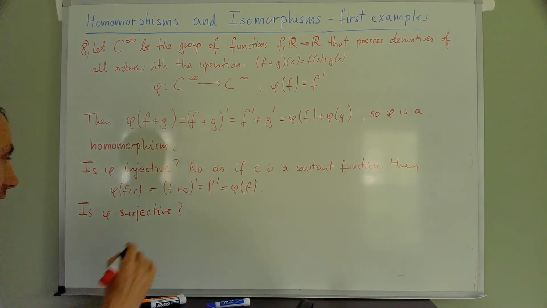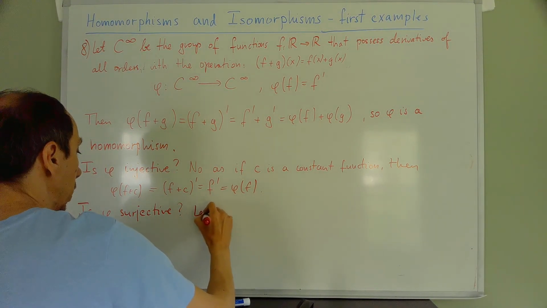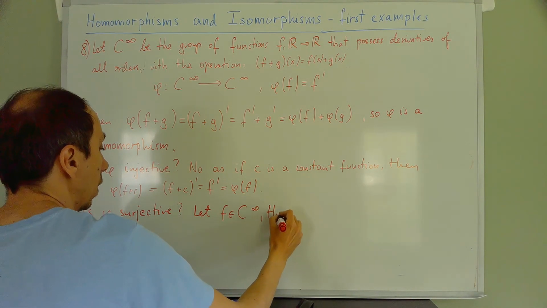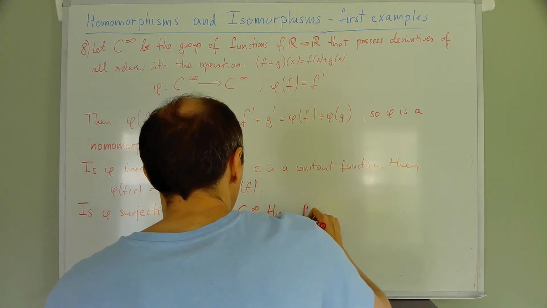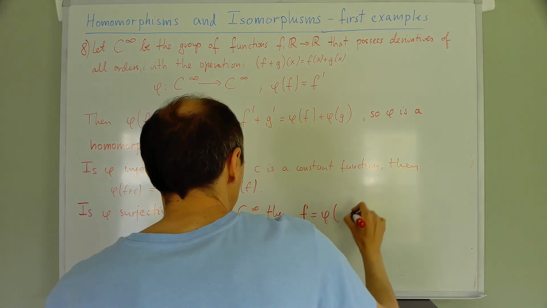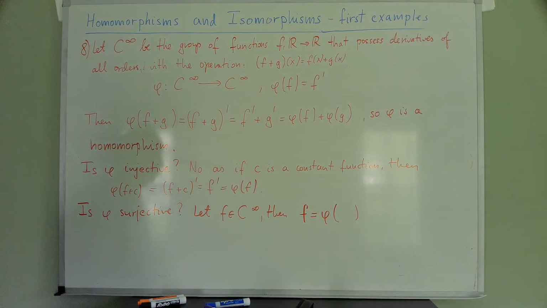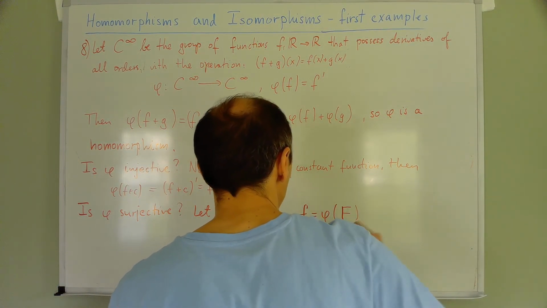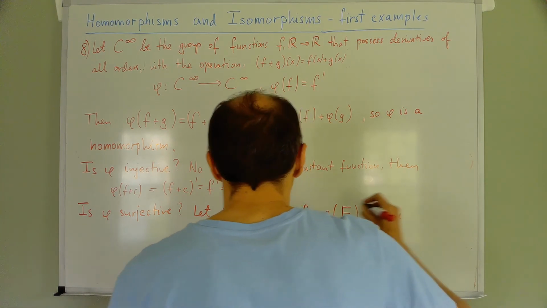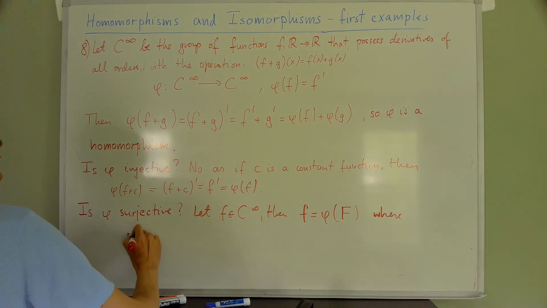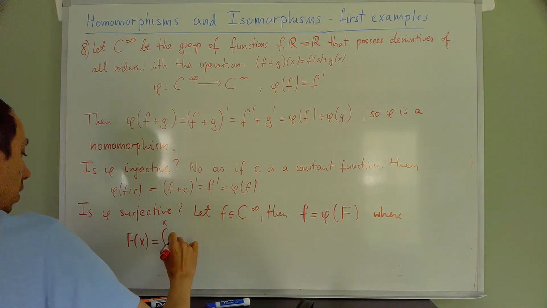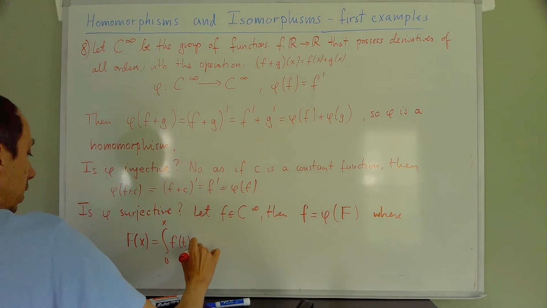So if I start with any function, so let f be in C infinity. Then is f always phi of some other function? So let's see. I'm going to put a big F here, where the big F of x is defined to be the integral from 0 to x of f of t dt.